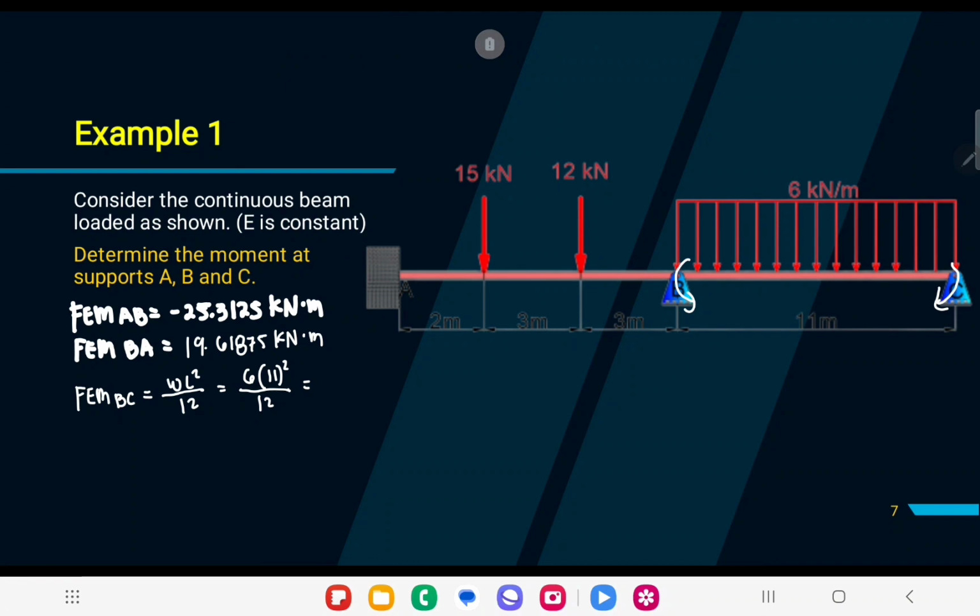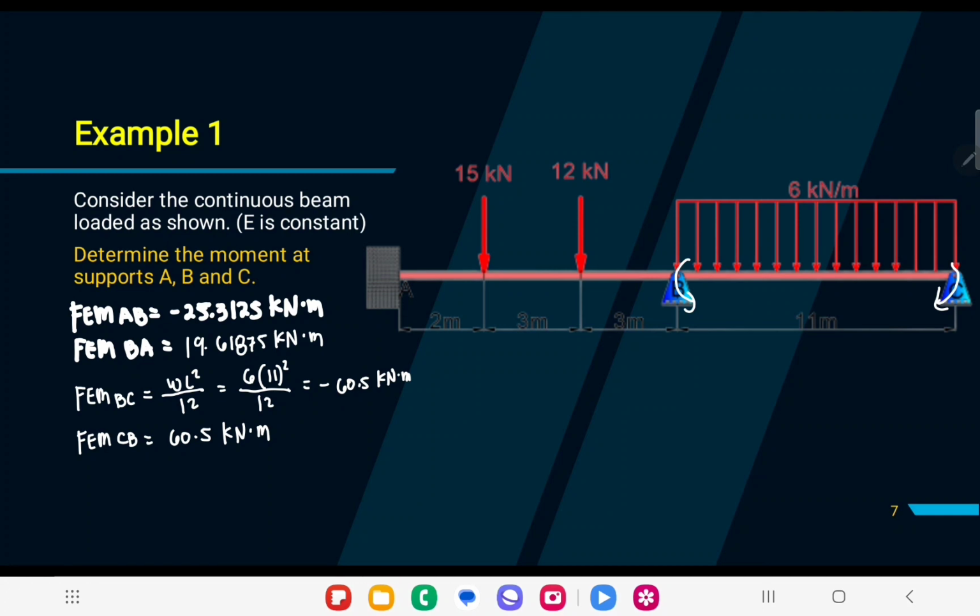So the answer at fixed-ended moment BC, assuming it is counterclockwise, is negative 60.5 kilonewton meter. And then for FEM CB, it is the same since they counteract each other. Our moment at that rightmost part is also 60.5 kilonewton meters.